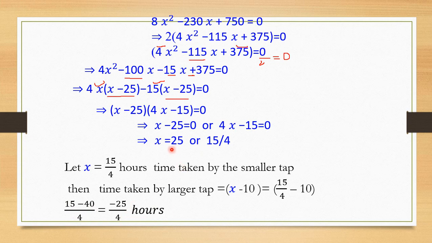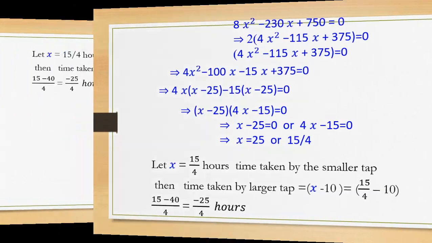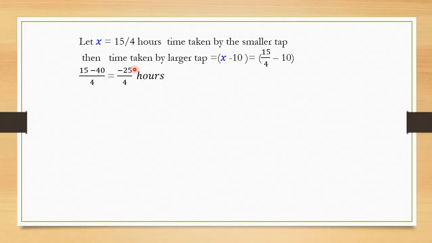Now this value 15 by 4 we have taken for case 1. Now the second value for the variable x is also there, 25. So let us consider that value also now. By taking x is equals to 15 by 4, we get the time for the larger tap as minus 25 by 4. Now take x is equals to 25.